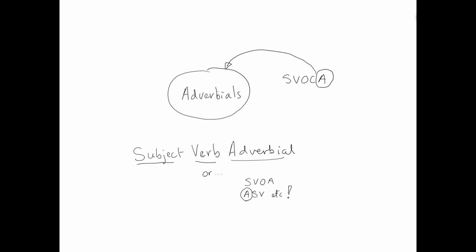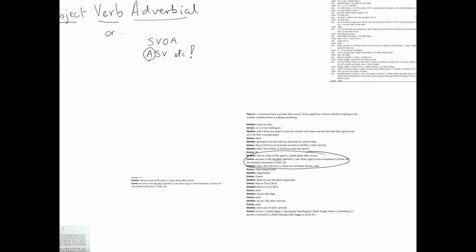Where things happen or where things are put in a sentence is a really useful way to describe syntax. Syntax is really about sentence structure generally, but you can see sentence structure operating when you think about where things are. So it could be subject-verb-adverbial, could be subject-verb-object-adverbial, or could even have the adverbial at the beginning. Let's have a look at this in a little more detail.